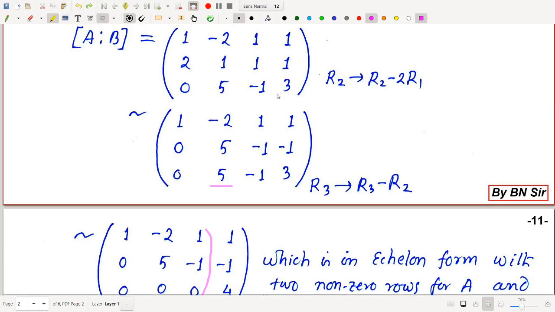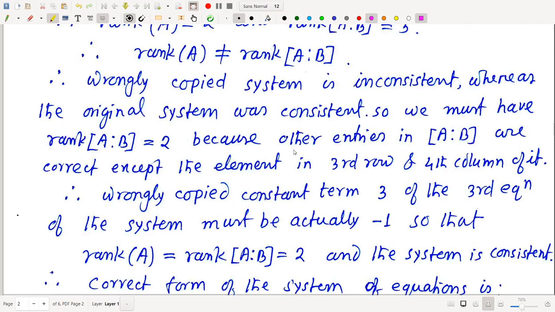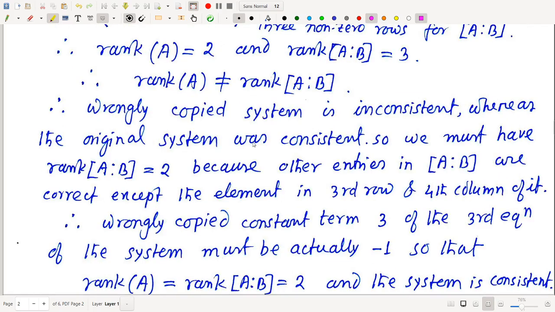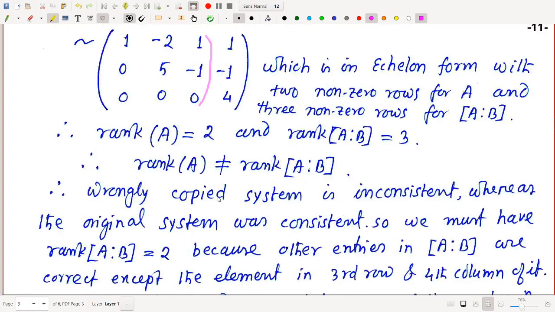Okay, only this entry is wrong, so we have to rectify it. We have to change it to make it consistent. So what is to be taken instead of 3? Therefore, the wrongly copied constant term 3 of the third equation of the system must actually be -1. Why?